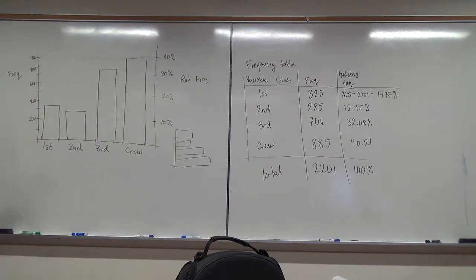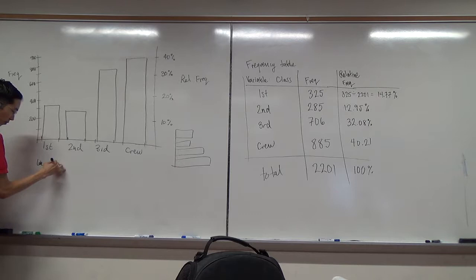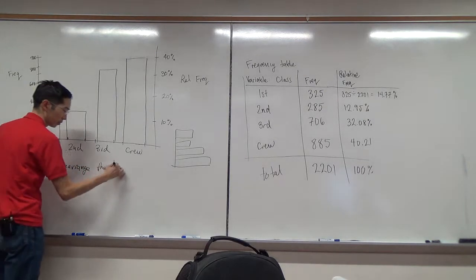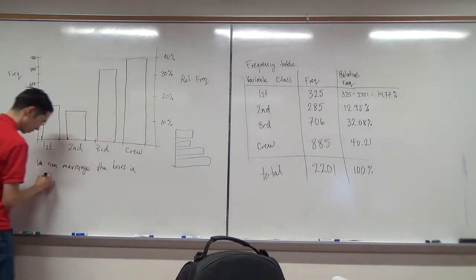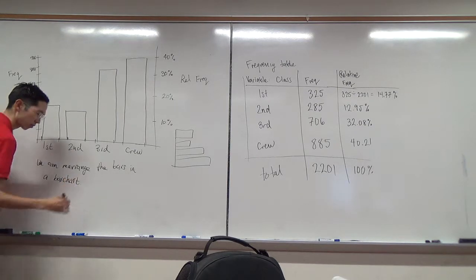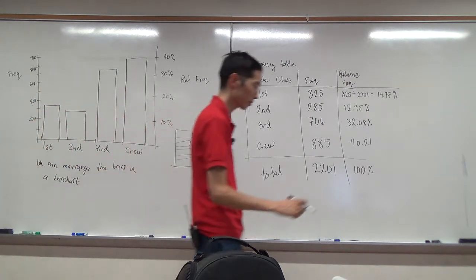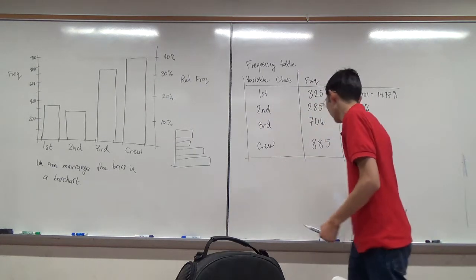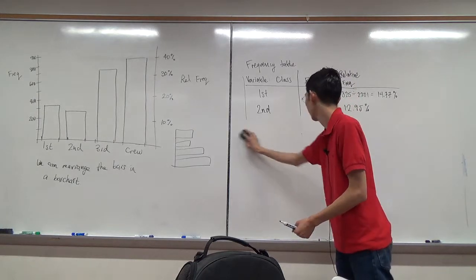I could change the order of these bars in any order I choose, and the information contained in the bar chart would be equally valid and correct. Okay, so maybe not as stylistically pleasing, but correct nonetheless.